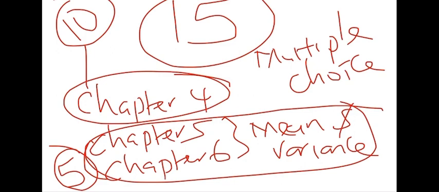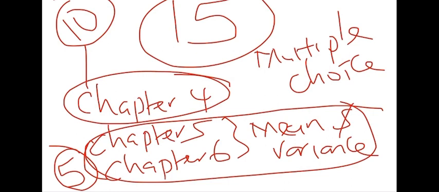Somebody said, would there be a multiple choice covering chapters 1 to 3? No. Please, I need the person to listen again. Chapter 4, 5, 6. There's going to be 15 multiple choice questions. 10 out of 15 will come from chapter 4. Only 5 will come from chapter 5 and 6.